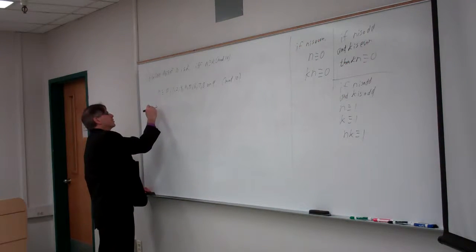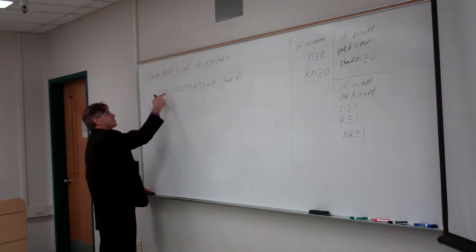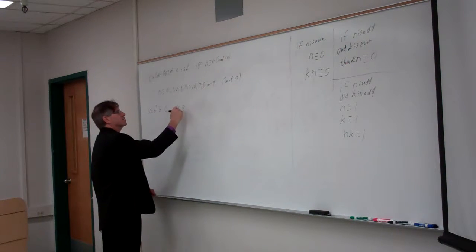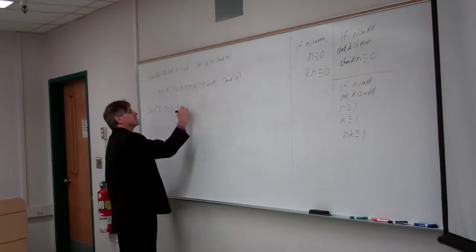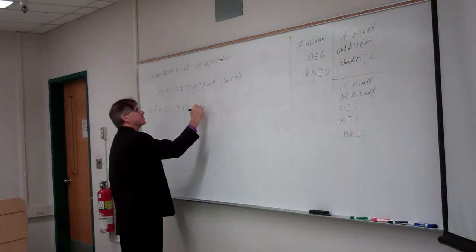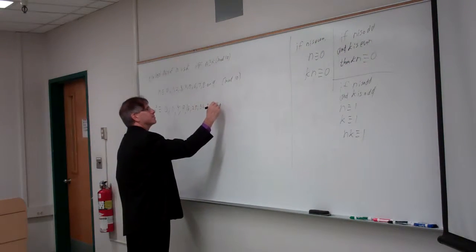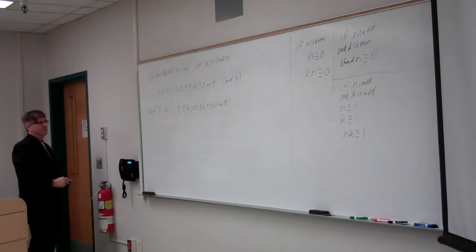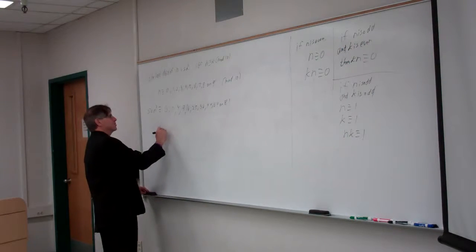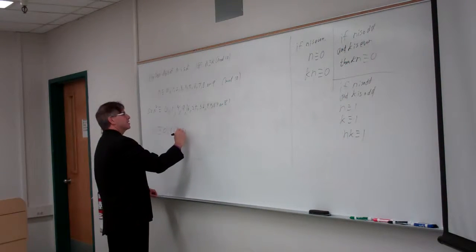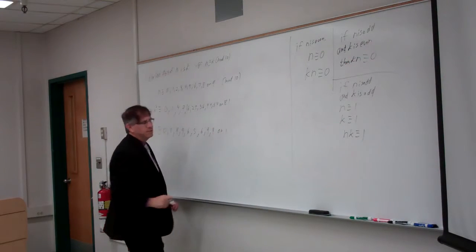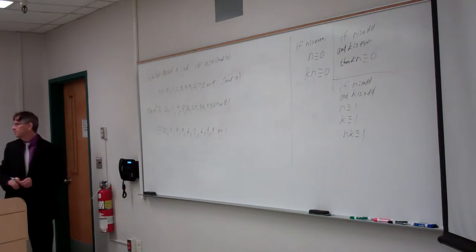So n squared is congruent to either 0 in this case, 1 in this case, 4 in this case, 9 in this case, 16, 25, 36, 49, 64, or 81. Which is 0, 1, 4, 9, 6, 5, 6, 9, 4, or 1, modulo 10.